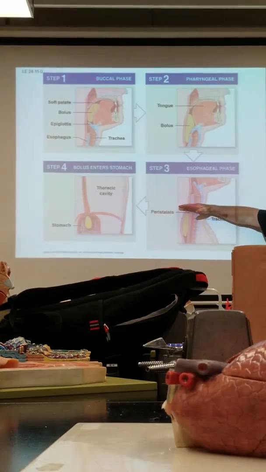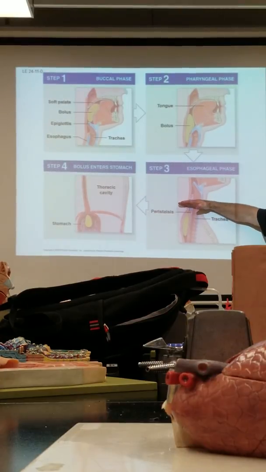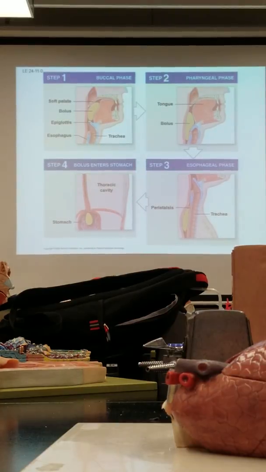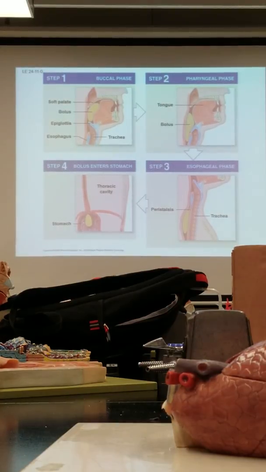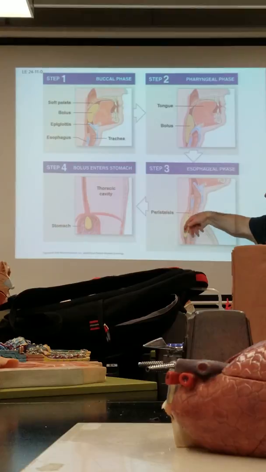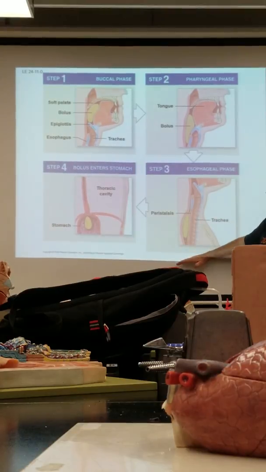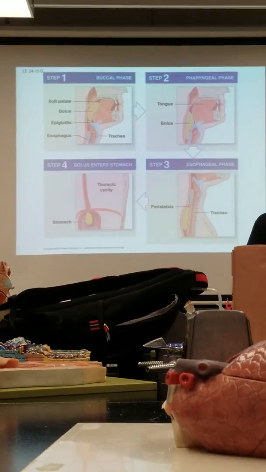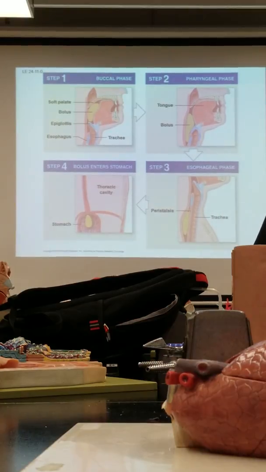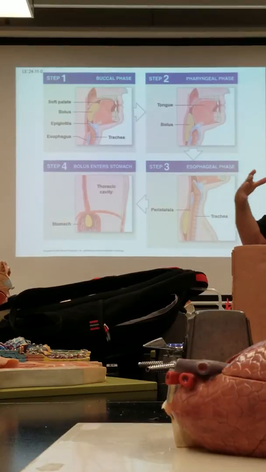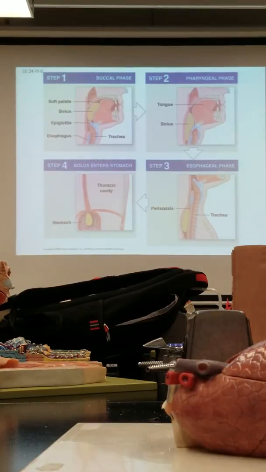The muscle ring right here is going to contract, like squeezing a tube of toothpaste. If you squeeze it from the bottom towards the top, the toothpaste comes out. That is called a peristaltic contraction, and the whole GI tract works like that. You get those contractions behind the food substance.